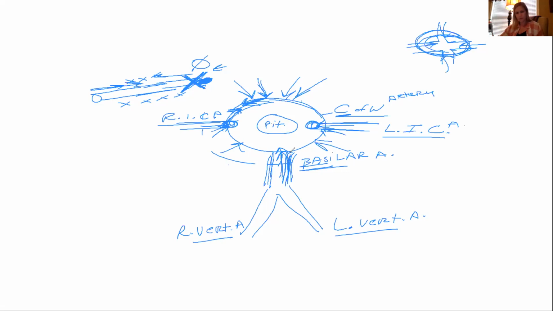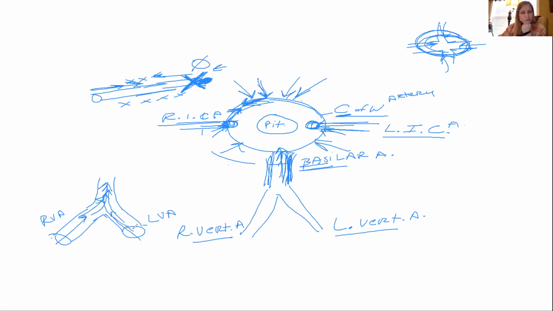Basilar is also an anastomosis because here's what happens. This is left vertebral artery, right vertebral artery, and then we've got this basilar artery right here. And it's getting blood in from two different directions.